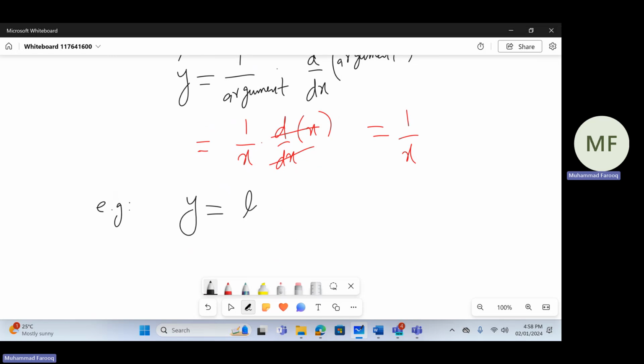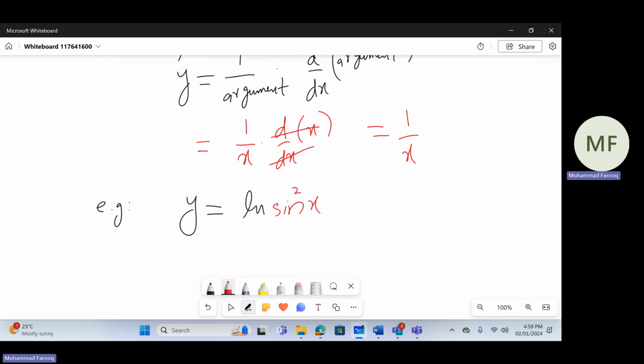Let y be equal to ln of sine squared x. I need y prime, please. So what should you do? 1 over the argument, and then you will use the chain rule.